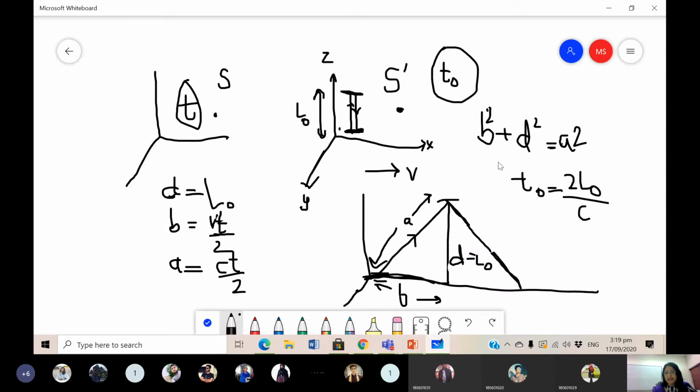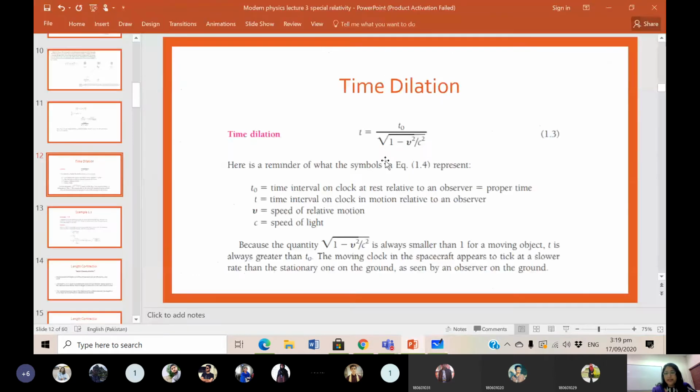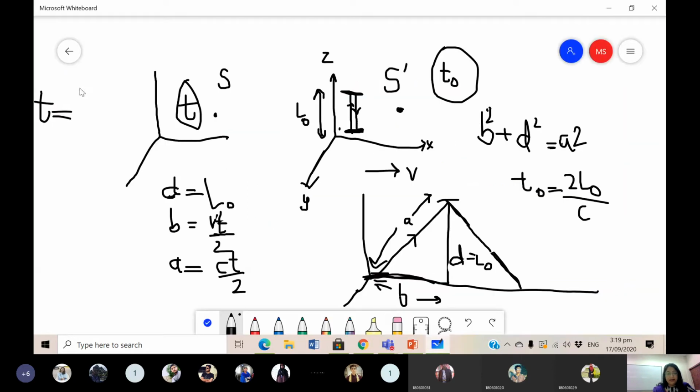Basically, what we're saying here is that T is equal to, and now this equation over here, we know that gamma is 1 over square root of 1 minus v squared over c squared. So I can simply replace this by T equals gamma T0. Yeah, can I say this now? And we know that gamma will always be greater than 1. Why is gamma always greater than 1?